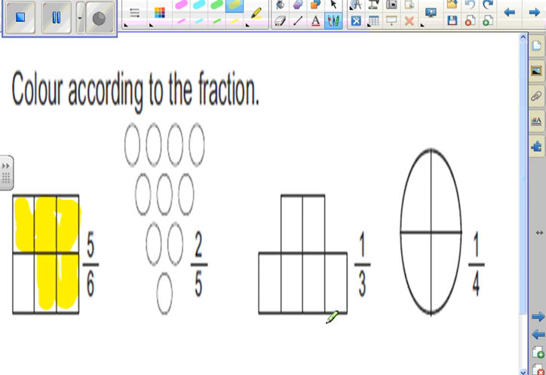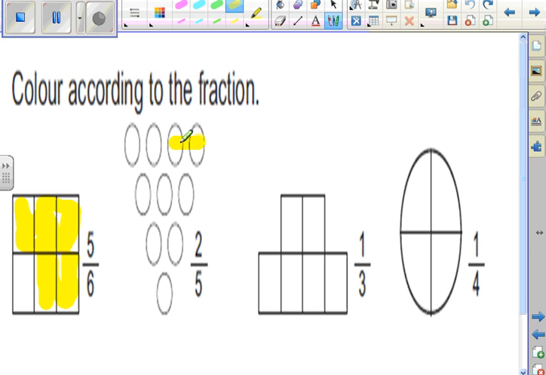Okay, now let's move to the next point. The number of all parts should be 5. Let's count the number of all parts here. 1, 2, 3, 4, 5. No, but the number of all parts here is 1, 2, 3, 4, 5, 6, 7, 8, 9, 10. So I should take each 2 circles from these small circles as one part. So these 2 circles is one part, and these 2 circles is one part. Now let's count the number of parts here.